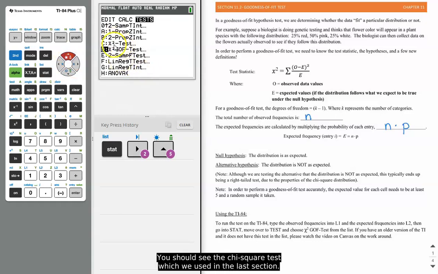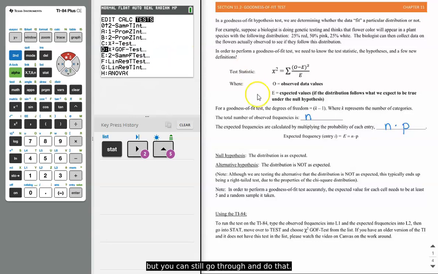You should see the chi-square test, which we used in the last section. If you see this chi-square goodness of fit test, then you're good to go. If you do not, then you want to go to Canvas. You can also search on YouTube for a TI-83 goodness of fit test, and it should walk you through the workaround. It's a little bit more lengthy than if it already had it calculated, but you can still go through and do that, okay?